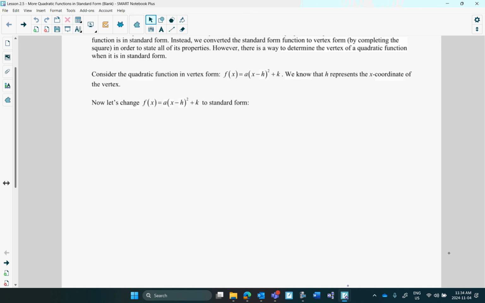Okay? So I want to take this vertex form and I want to change it to standard form. I want to make it look like this. Okay, so first of all, I'm just going to change this to y, make life a little easier on myself.